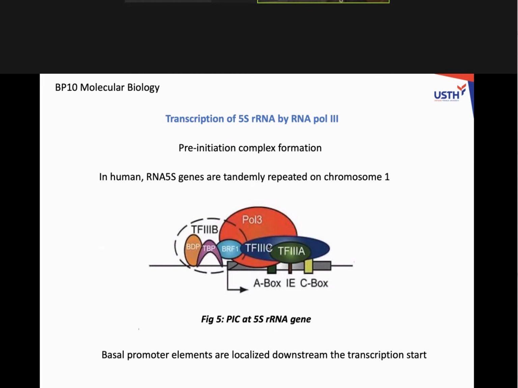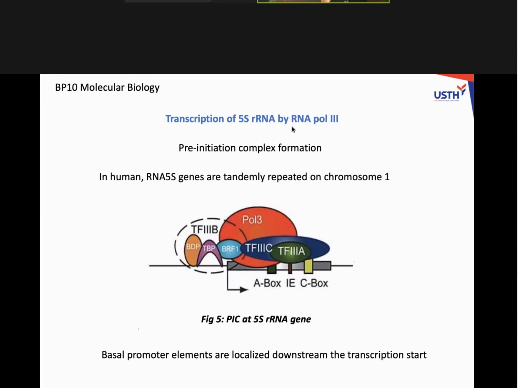Let's take an example. TF3C and TF3A have the capacity to recognize specific sequences in the promoter, even if it's downstream. So you have a piece of DNA with two proteins bound to it. From that, Pol3 has a very strong affinity for TF3C and TF3A, so it goes to the interaction.